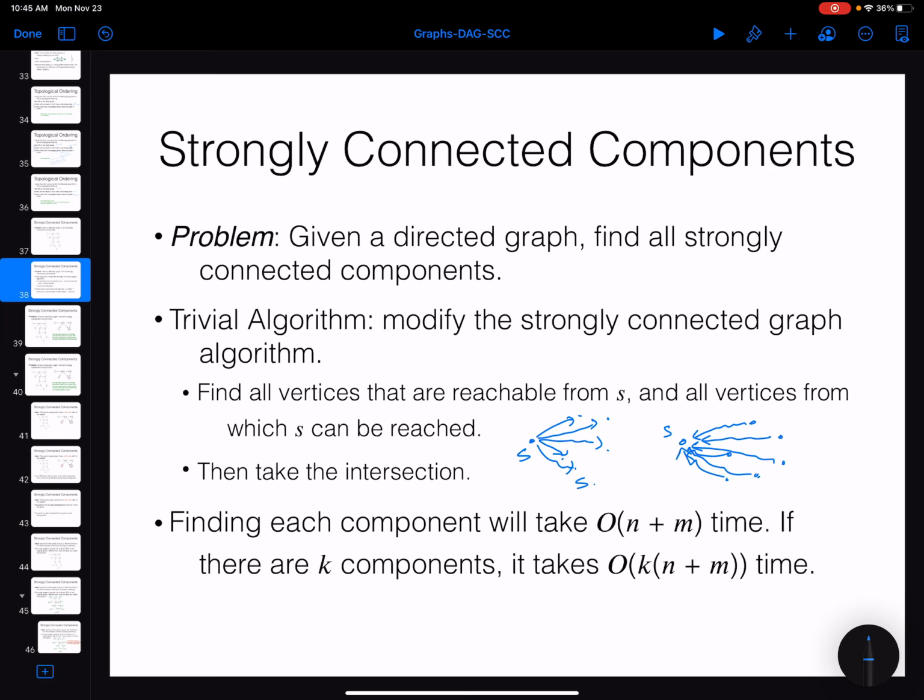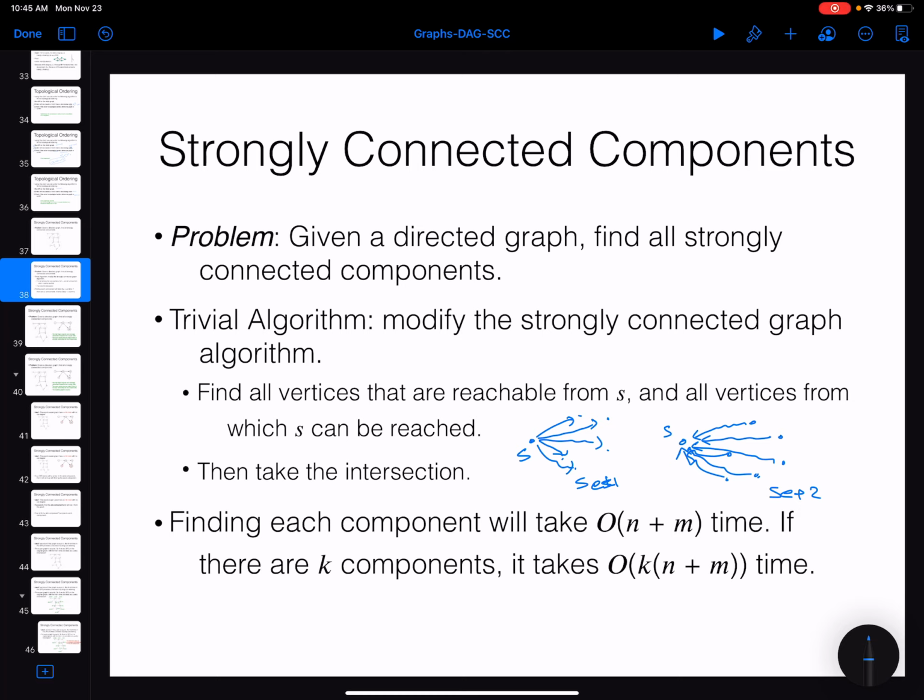This is going to be set 1. This is going to be set 2. If you are looking for the connected component that contains S, all the nodes should be reachable from each other, right? So just get the intersection between these two sets. After you find the connected component, remove all these nodes from the graph and just repeat the procedure.